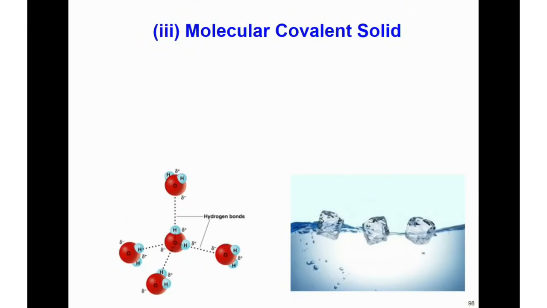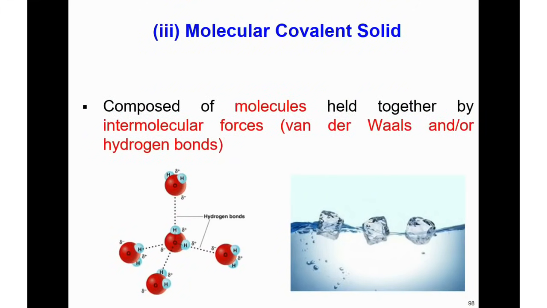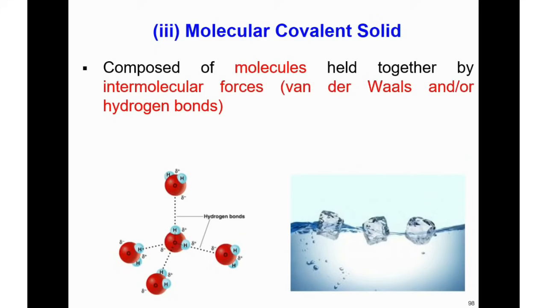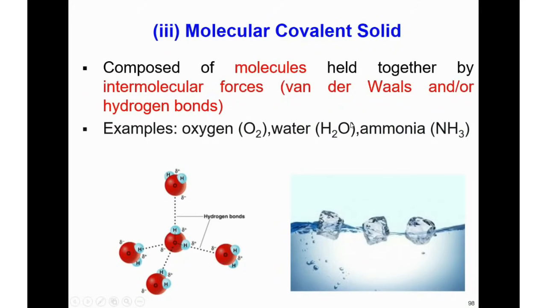Now let's look at molecular covalent solid. Molecular covalent solid is composed of molecules held together by intermolecular forces, which are van der Waals forces or hydrogen bonds. Let's look at the example.